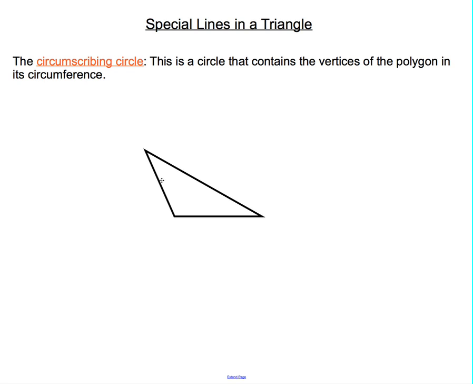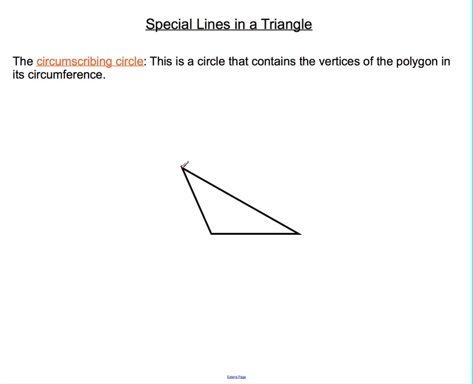And we'd like to find the center point of a circle that, when drawn, will contain the three vertices of this triangle here. Let me make it clear which vertices we're talking about.